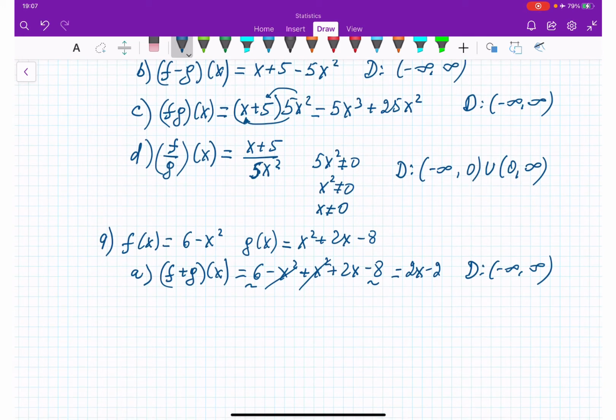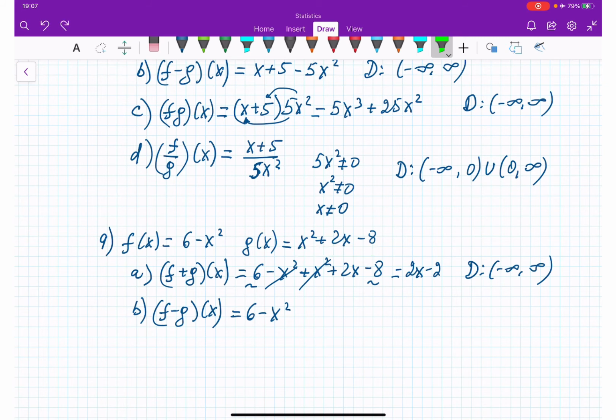B, f minus g of x. Okay, it's going to be 6 minus x squared. Now, because I'm going to do minus, every single term is going to flip the sign, right?